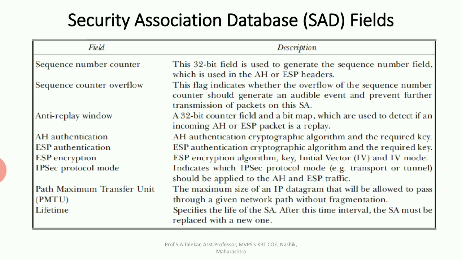Then path maximum transfer unit, PMTU, the maximum size of an IP datagram that will be allowed to pass through a given network path without fragmentation. Lifetime specifies the life of the security association. After this time interval, the security association must be replaced with a new one.